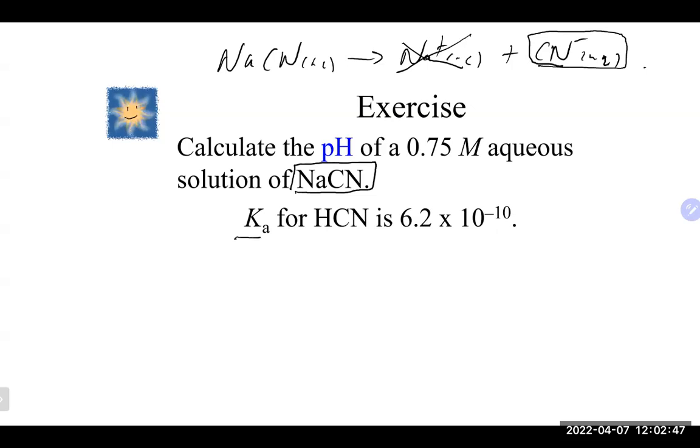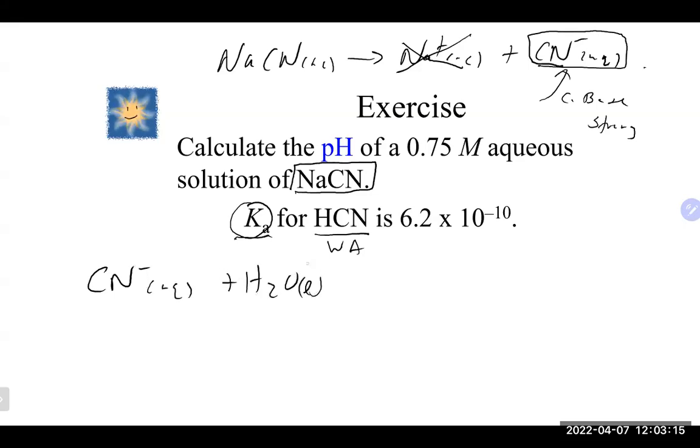Again, we do see a Ka given to us for not CN minus, but HCN, which is hydrocyanic acid. And that definitely tells us, because it's a Ka value, it is a weak acid, which means this guy, which is its conjugate base, should be relatively strong. And again, we would expect the CN minus to actually react with water.